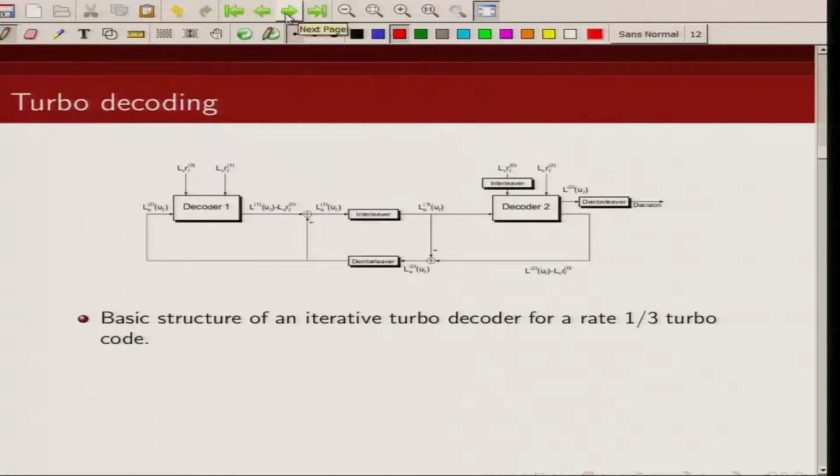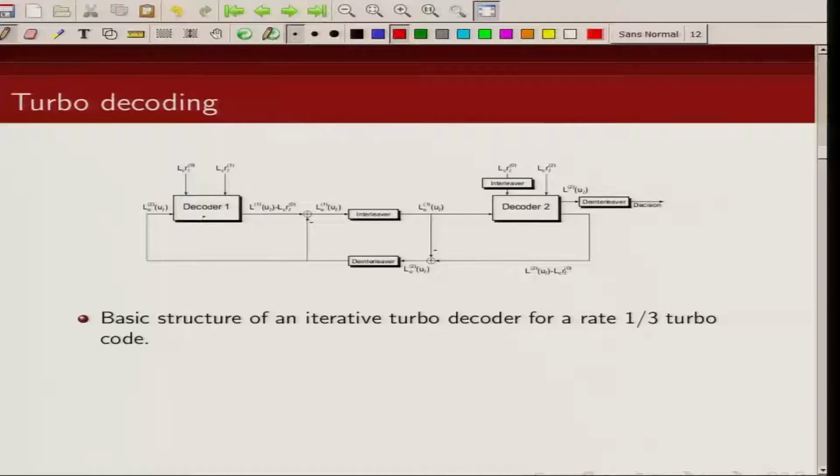So, again we will go back to this decoder diagram that we have shown you before. I am reproducing the decoder for the rate 1/3 turbo code. This is my decoder 1 corresponding to encoder 1. This is my decoder 2.